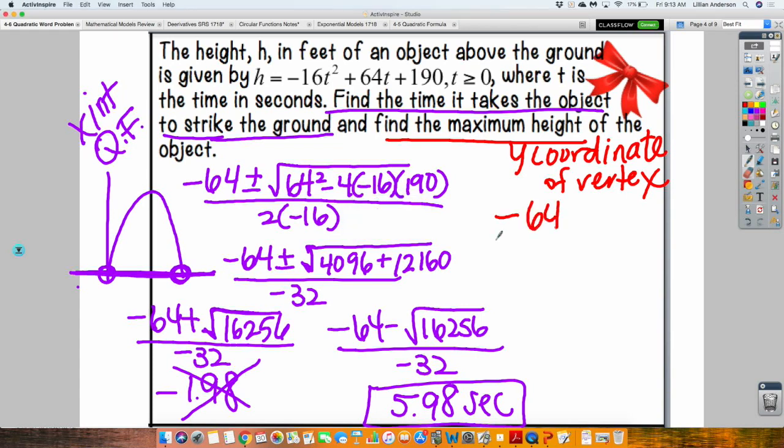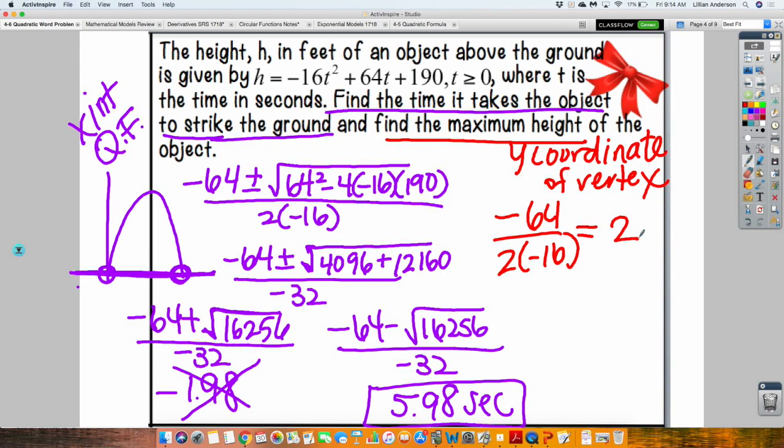Okay, so we got to find the x coordinate of our vertex and then plug that in to get the y coordinate. That's negative b over 2a. What is it? Now, if it asked you, how long does it take to reach the maximum?